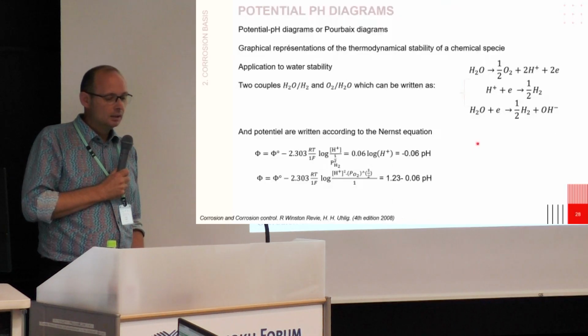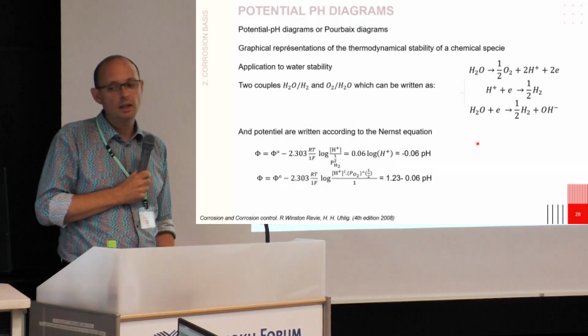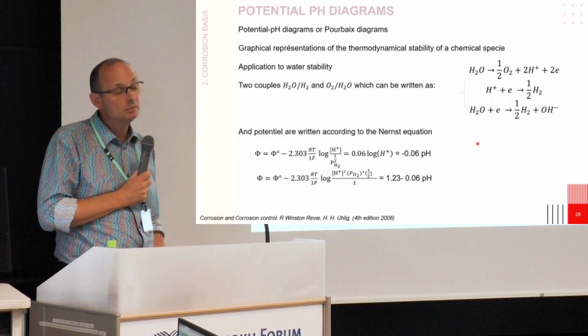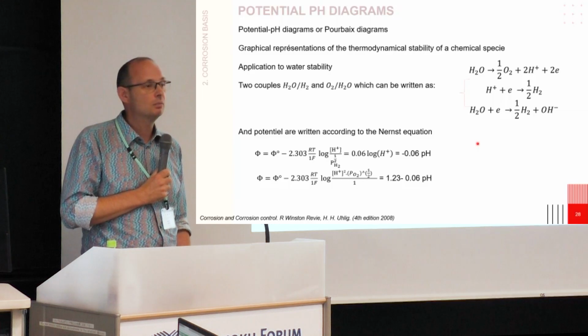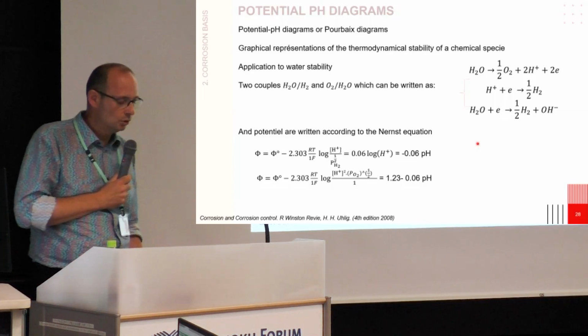Okay. So now, from a thermodynamic viewpoint, how can I get an idea about the resistance of my material in an environment? In a high temperature environment, we use the Ellingham diagram. I will not talk about them.